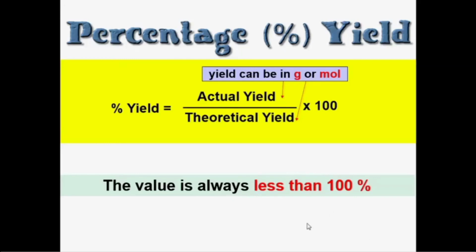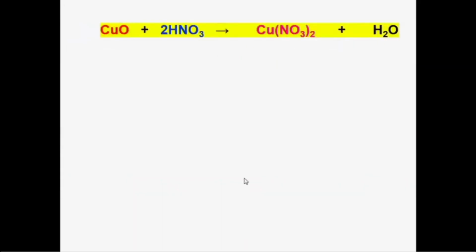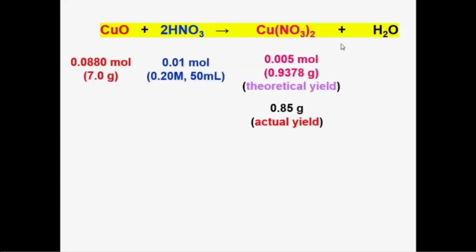Now let's look back at the question. We want to determine the percentage yield of this copper nitrate. Remember, the theoretical yield was 0.9378 grams, and this theoretical yield was determined through the calculations that we did in the previous questions B, C, and also D. And then this 0.85 grams, the actual yield, was given in the question.